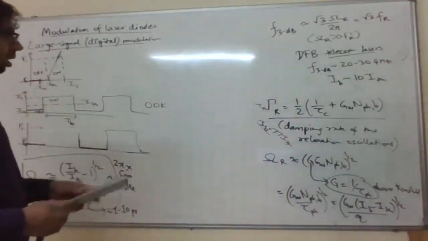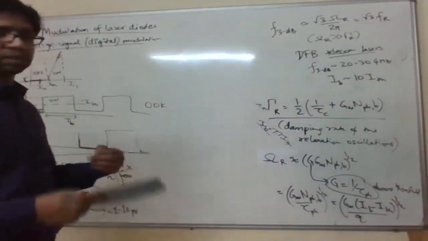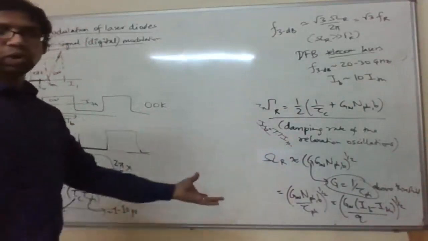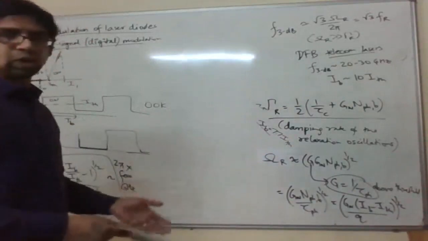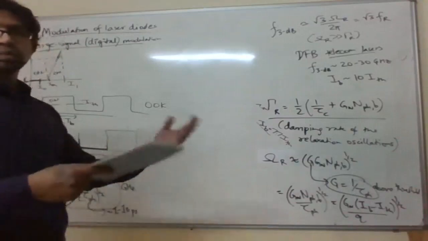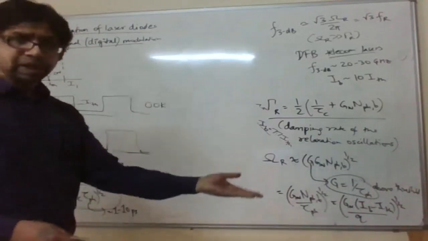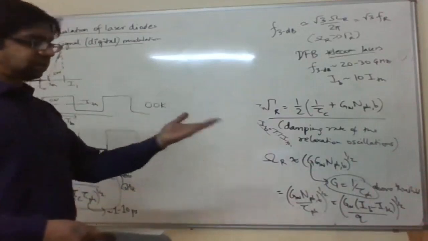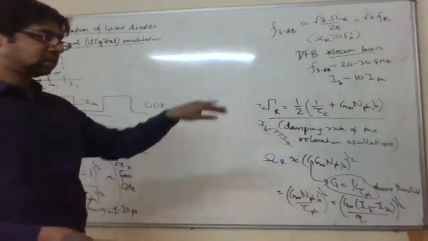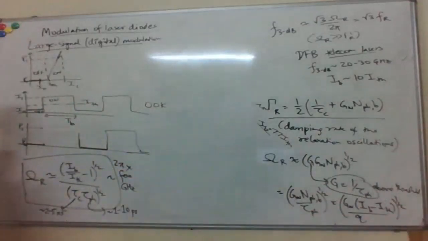A fraction of those recombine and generate some photons, so the photon number also starts increasing with some lag. But now these high photon numbers start causing their own stimulated emission, and this stimulated emission causes recombination of the carriers, which decreases the carriers again after a certain time. Basically this is the relaxation oscillation that I was talking about.